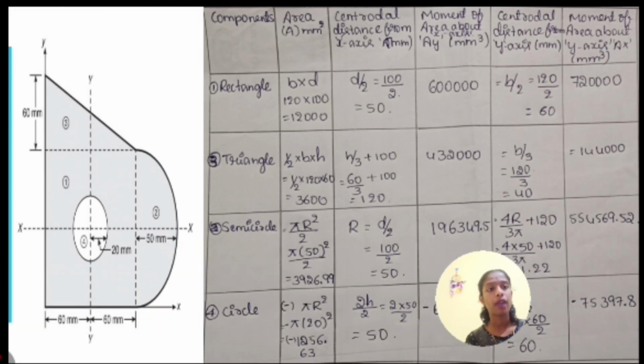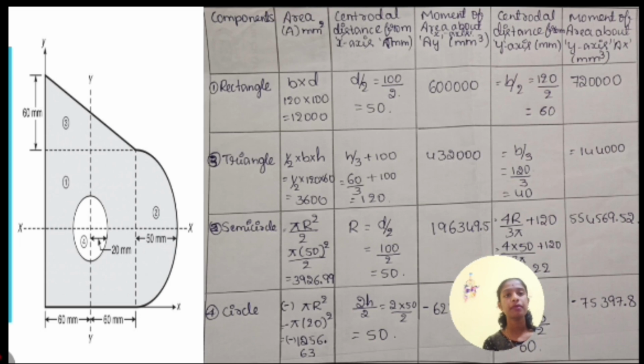At first we have to calculate the area for each component. For the rectangle we have the area formula base into depth. Base is 120 and depth is 100. 120 into 100 we get 12,000. For a triangle, the area formula is half into base into height.